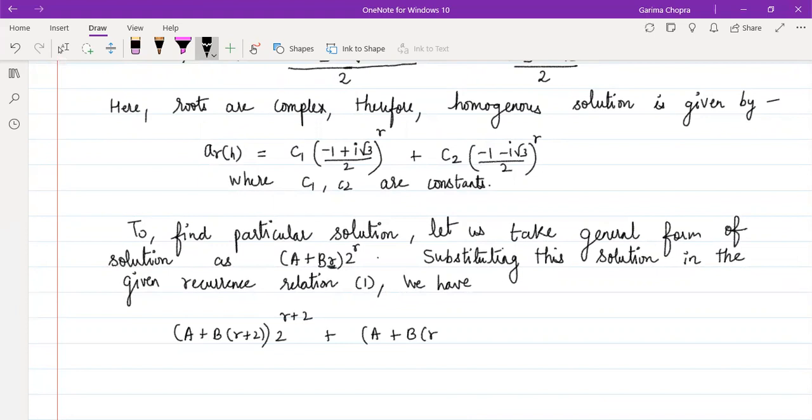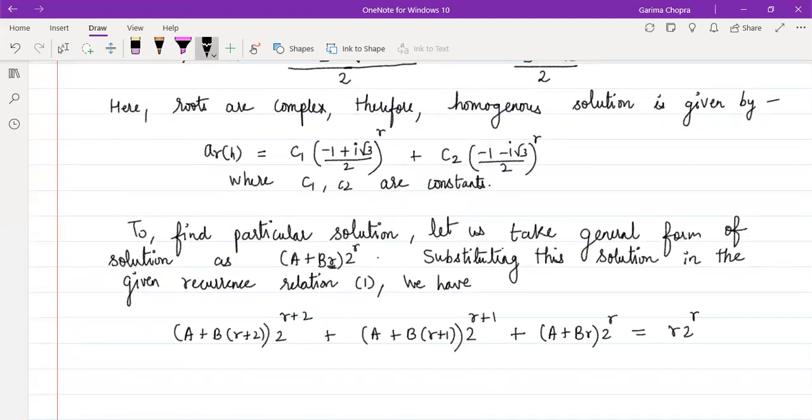So this will be a plus b times r plus 1, and this will be 2 raised to power r plus 1. And the last term on the left hand side in our recurrence relation is the rth term of the sequence a r, and this a r is simply a plus b r times 2 raised to power r. And the right hand side, which is given in our recurrence relation, equation number 1, is r times 2 raised to power r.